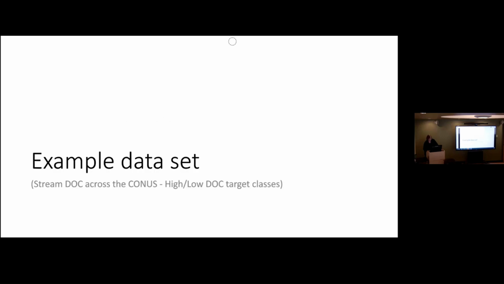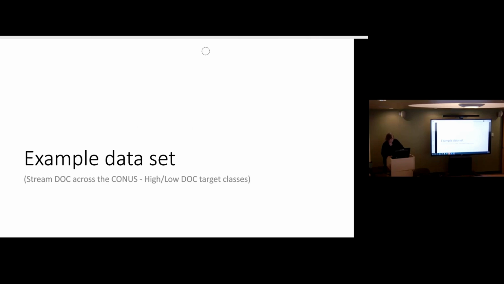I just wanted to give you a brief description of the example data set that we have stored in the HydroShare resource. It came from the paper that y'all read. It's the case where we used high and low DOC target classes as an example. There are 91 observations of 54 features.